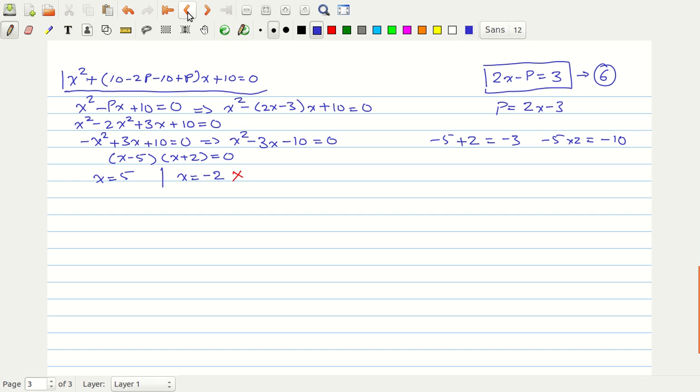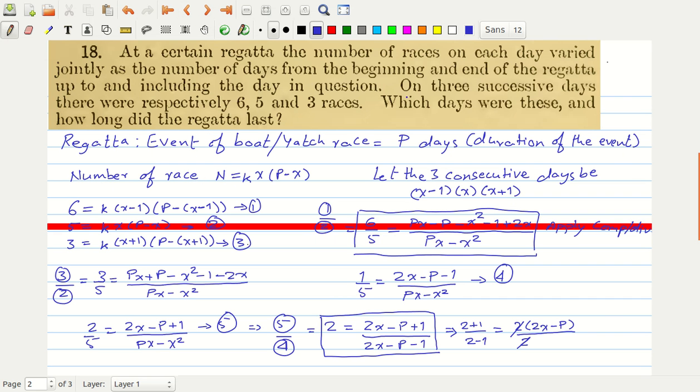So, what we had to prove or what we have to find? We have to find which days were these, that is, what were the day numbers when the respective races were 6, 5 and 3.